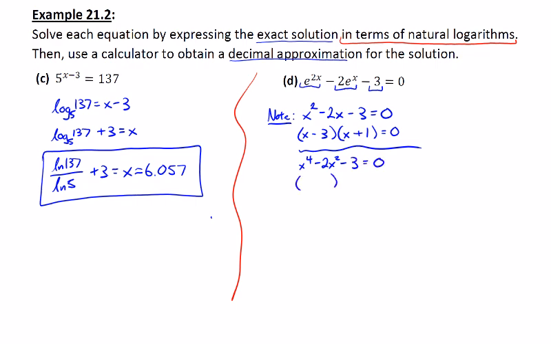That also will factor using trinomial factoring: x squared minus 3 and x squared plus 1. And I'll do one more. If I was to take x to the 6 minus 2x cubed minus 3 all equal to 0, that also will factor into two binomials as x cubed minus 3 and then x cubed plus 1.